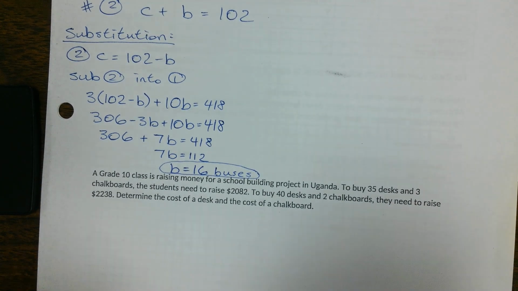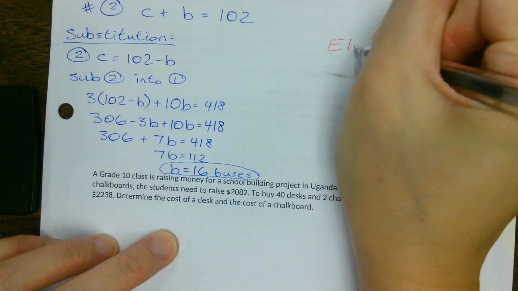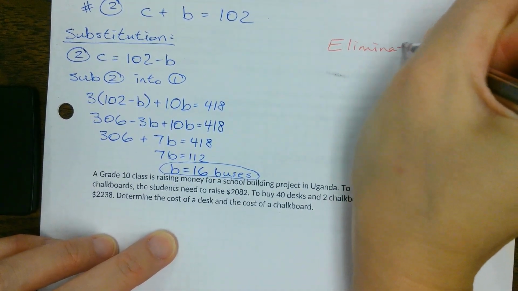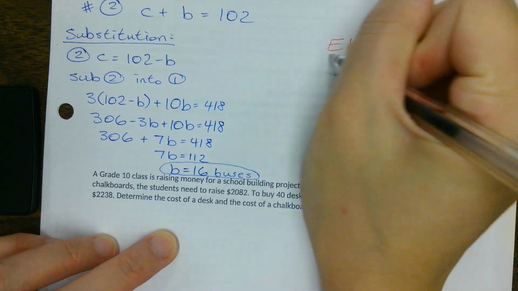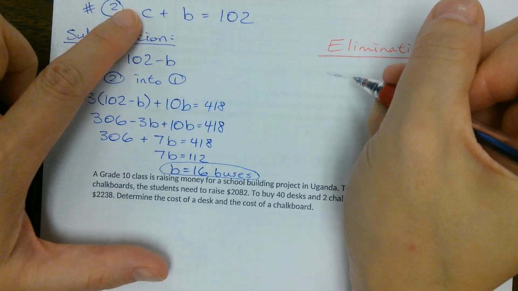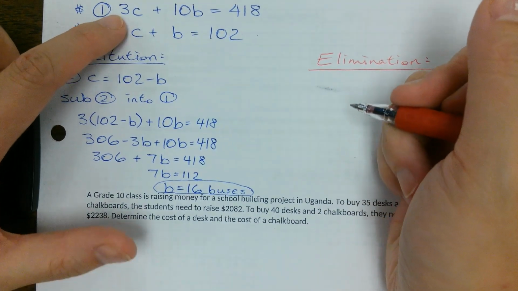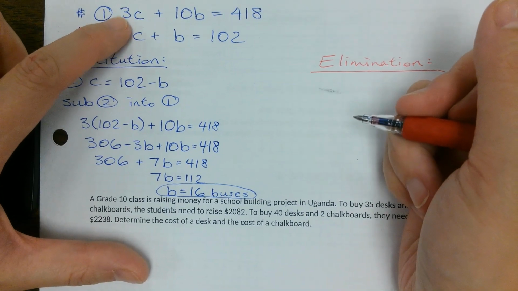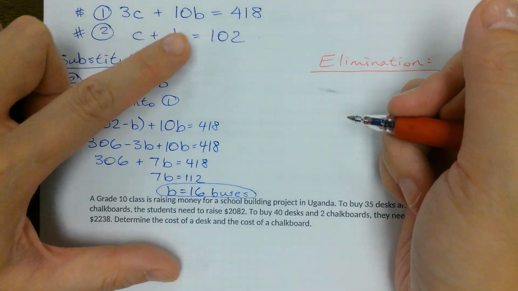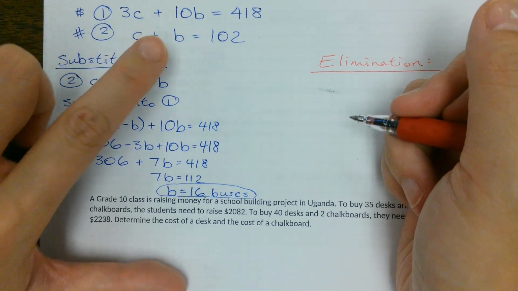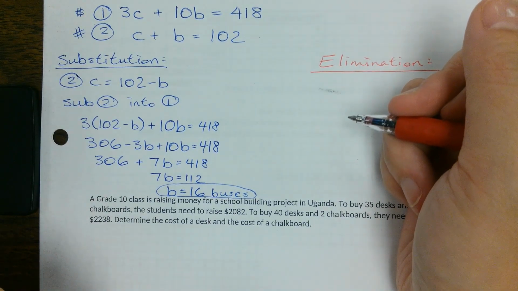Now the second method, the method of elimination. Looking at these 2 equations, which variable should I get rid of? Which variable should I eliminate? Why?